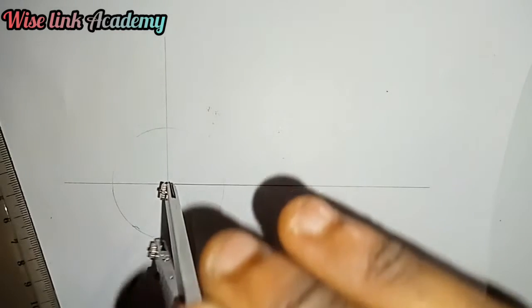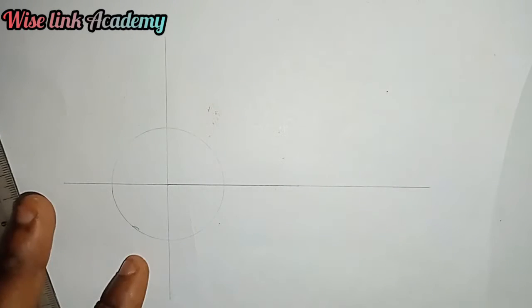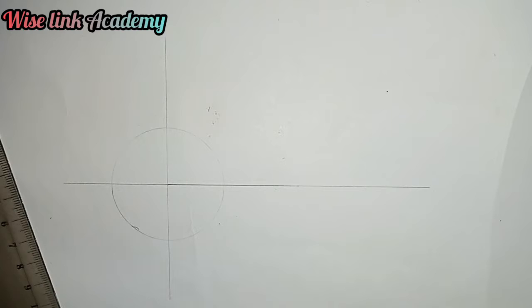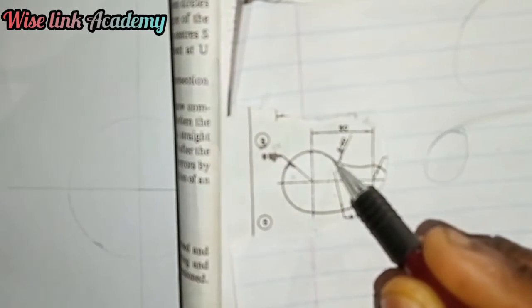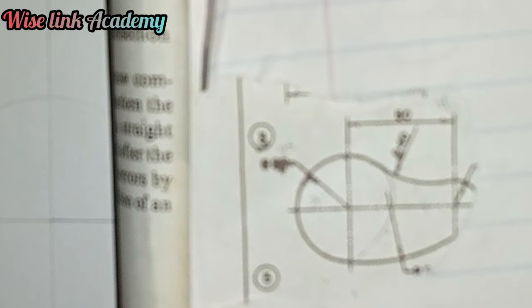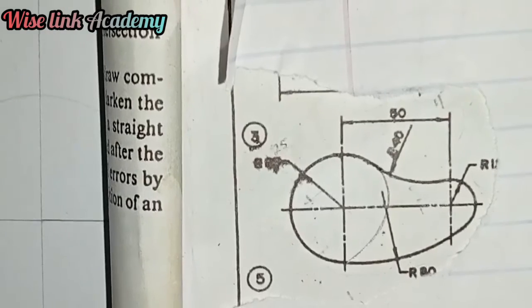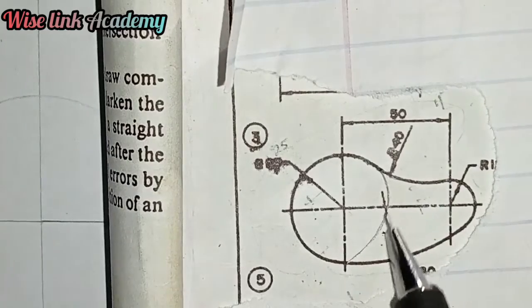After you have done the faint circle, what do you notice from the drawing? This is the circle we just drew. We have done the circle.